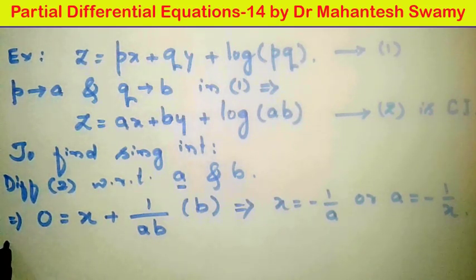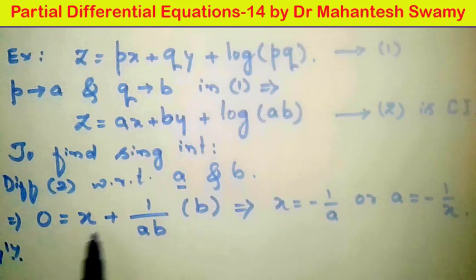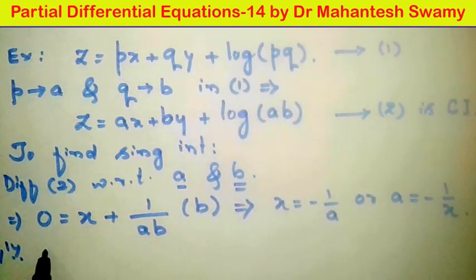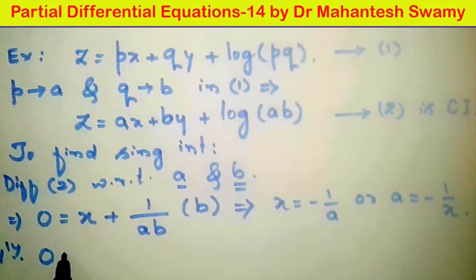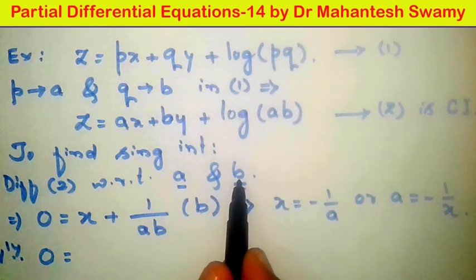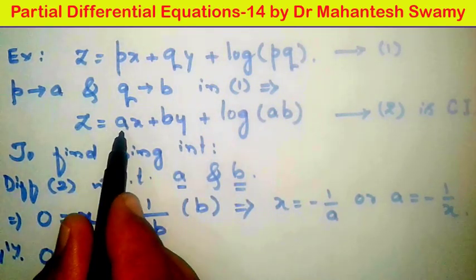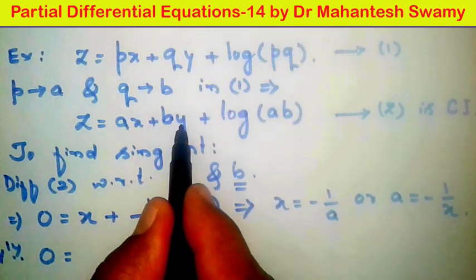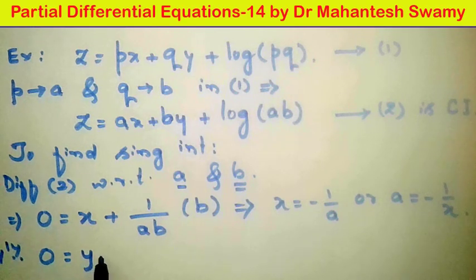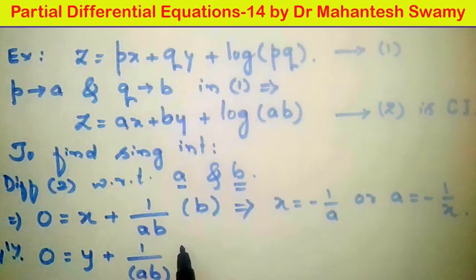Similarly, if we differentiate with respect to b for the second time, we will get 0 on the left hand side of equation number 2, because z should be treated as a constant while differentiating with respect to b, plus, on the right hand side, ax is totally a constant, its derivative is 0, plus b differentiation is 1, y should be treated as a constant, so it is y into 1, plus log of this bracket differentiation is 1 by that bracket, into the bracket differentiation, a should be treated as a constant as it is, into b differentiation is 1, so it is a.